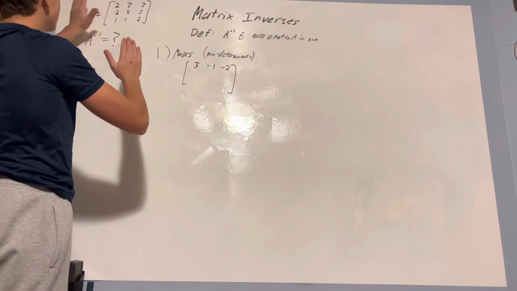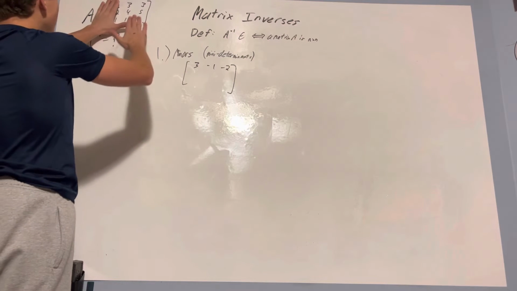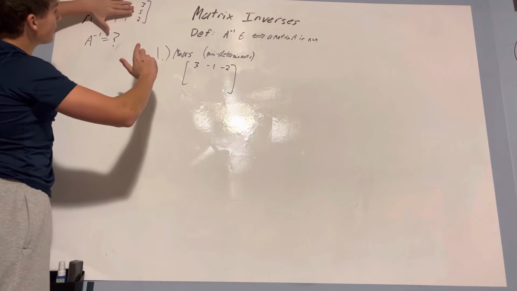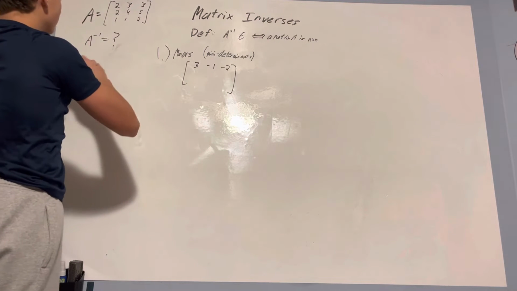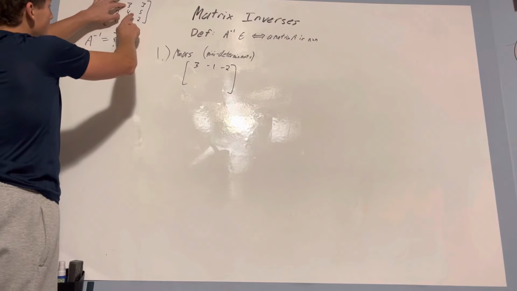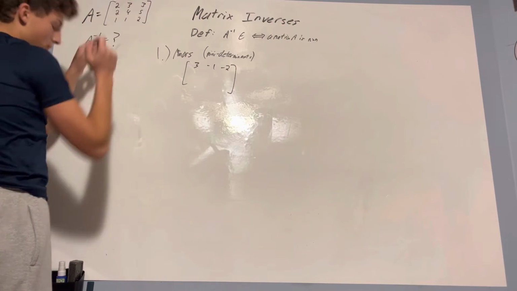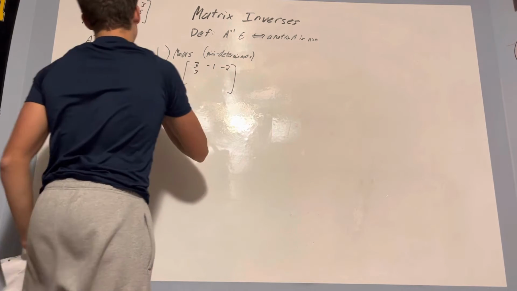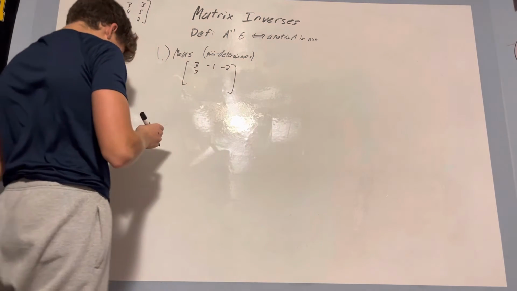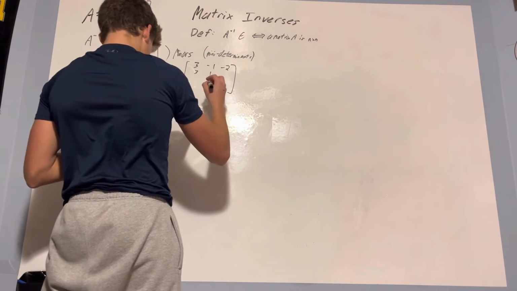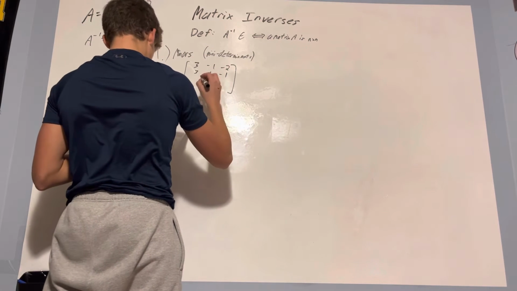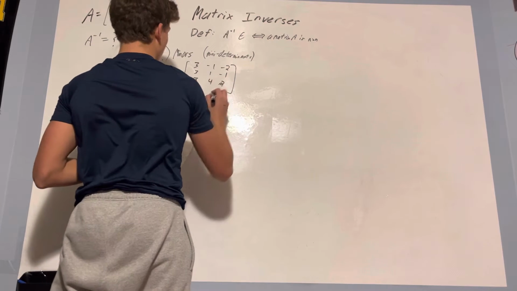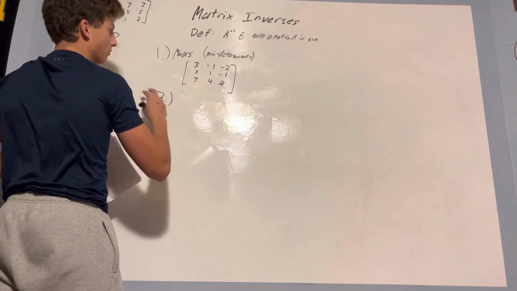We're just going to look at the remaining numbers once we get rid of the column and the row that it's in. The remaining numbers give 3 times 2 minus 3 times 1. So that's going to be 3. We're going to do that same process for all of the remaining numbers. And when we do that, we will end up getting 3, 1, negative 1, 3, 4, 2. Okay. And so that's the first step.